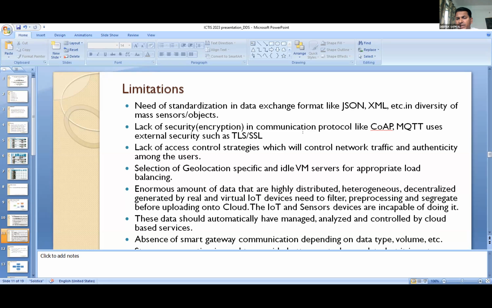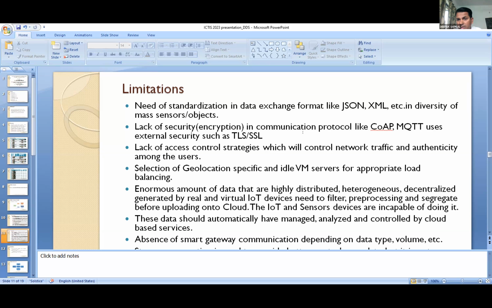Another limitation I see in these papers is a lack of security in the communication protocol, application protocol as such, like Constrained Application Protocol and MQTT, where these application protocols are using external security encryption with the help of TLS and SSL.